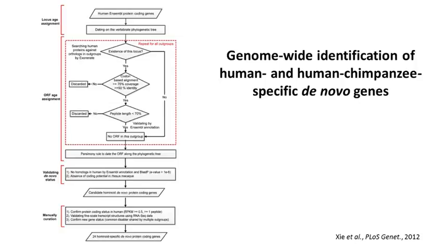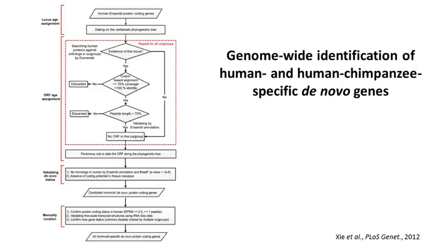Here is the pipeline that we had developed. We also identified de novo protein coding genes that are specific for human and chimpanzee, or specific for human, chimpanzee, and orangutan. I will show you the pipeline for identifying human-specific de novo protein coding genes here.